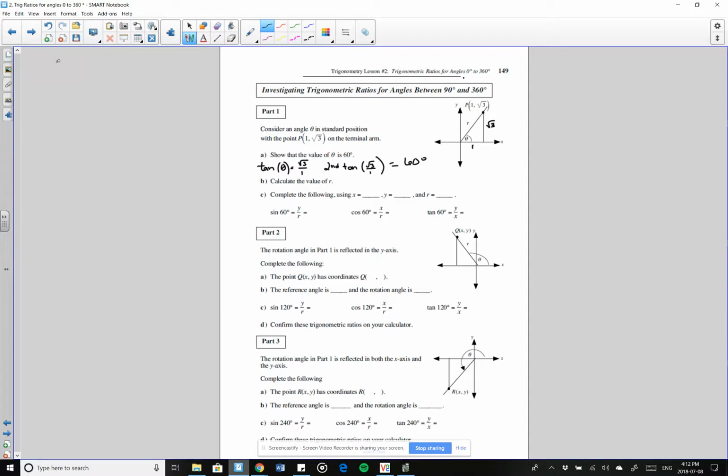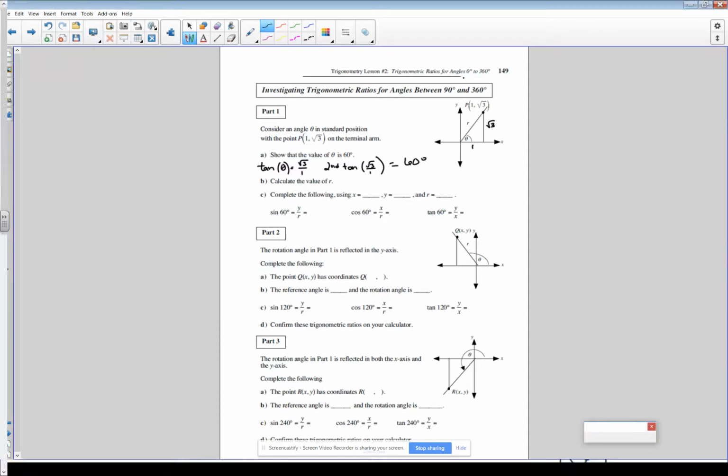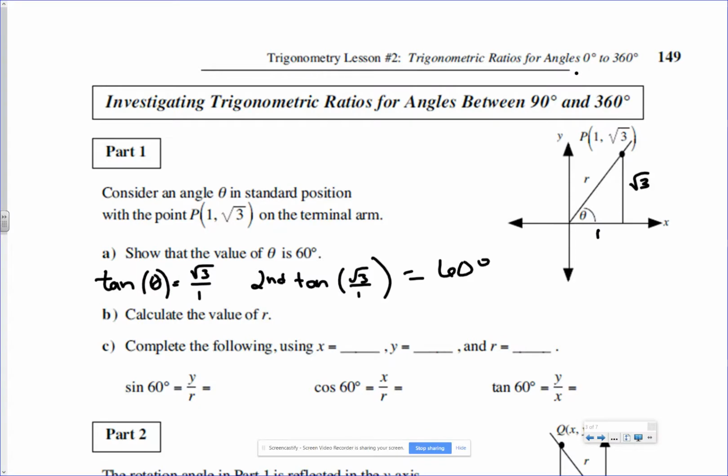Now they want us to find the value of r. So finding the value of r, I would have 1 squared plus root 3 squared, which is equal to 1 plus 3, which is 4, and then I'd have to square root 4. So r is equal to 2. Now it says complete the following.